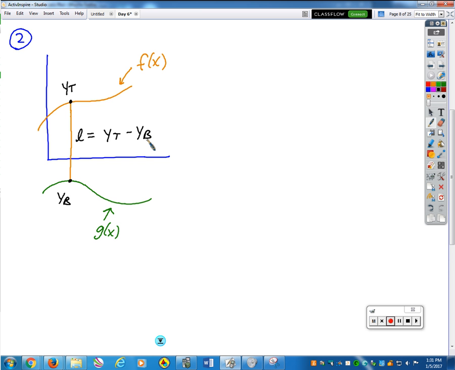Anyone have a question about that? So then we said, well, since this is on the graph of f, you can find that y-coordinate simply by taking the f function and plugging in the x-coordinate that the dot is located at, then subtract the same thing for the g function. And that would also give you the length of that line. Questions about that? Perfect.